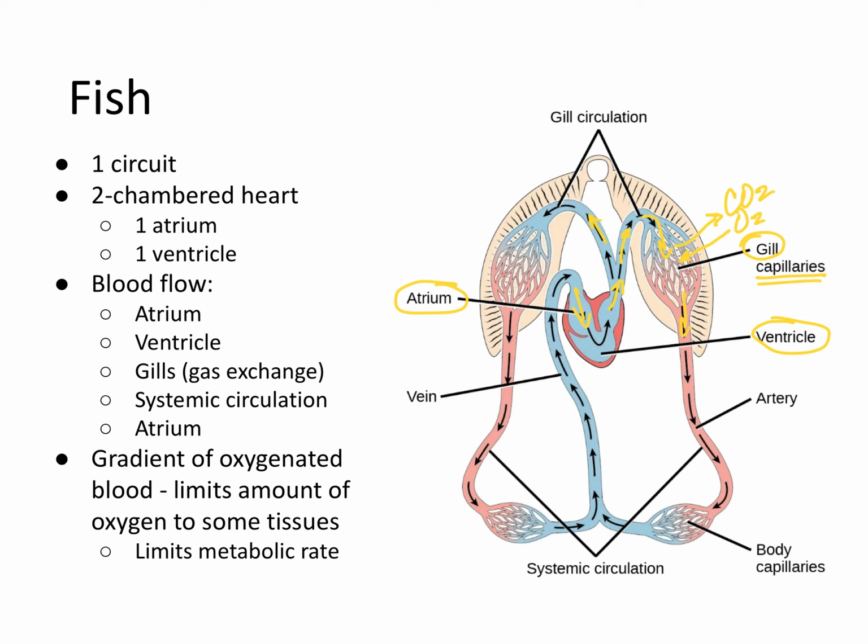And on this diagram, it's pretty common that you'll see that blue is a color used to represent deoxygenated blood, meaning that it has a lot of carbon dioxide and less oxygen.